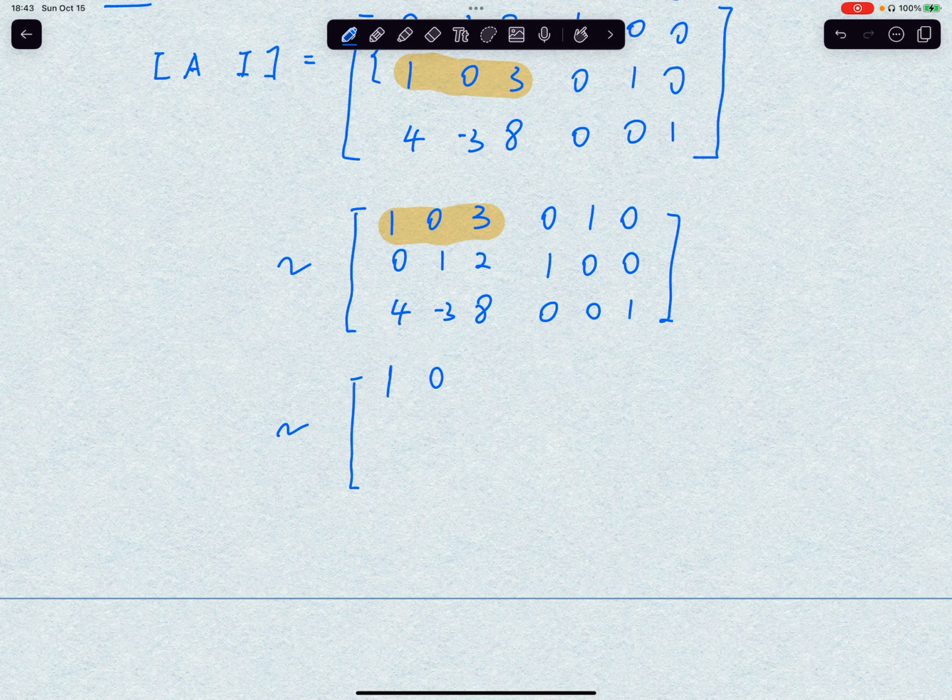So the first row remains unchanged, and the second row remains unchanged, obviously. And in the last row, we have 4 minus 4, 8 plus -4, 0, and -12. So we have a 0, a -3, and a -4.